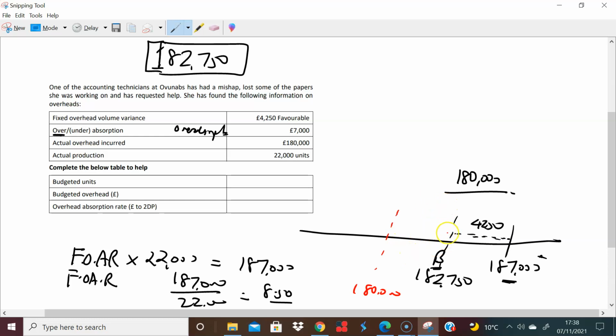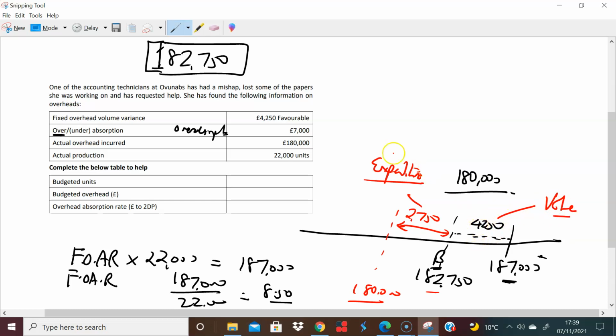So this bit here, I don't know if they ask us for this, 2,750 is the expenditure variance. That's the difference between the budget, and it's favorable because we spent 180,000. You expected, you put in 182,750. That's the expenditure variance, and here is your volume variance.